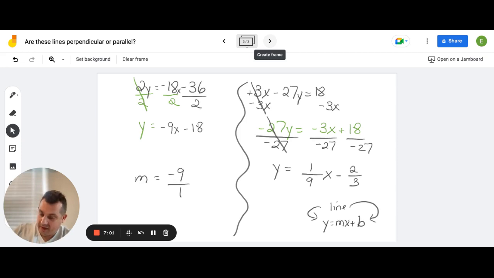All right, so now we take a look. We have both of our slopes. We have negative 9 over 1, and we have 1/9 x, so our slope is 1/9.